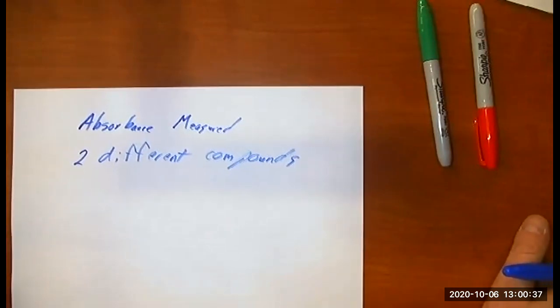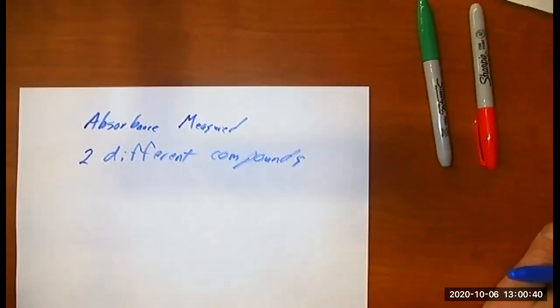I'm not sure I'm understanding what the problem is asking if you have it. Trying to find the extinction coefficient for a second compound that's added. Oh, so you're given measured absorbance. So you have two different compounds that are absorbing at the same wavelength, I think. And you have a measurement on a mixture, and then you add some of one of the compounds and see how much it changes by? Something like that? Okay. Yeah, I can do that.